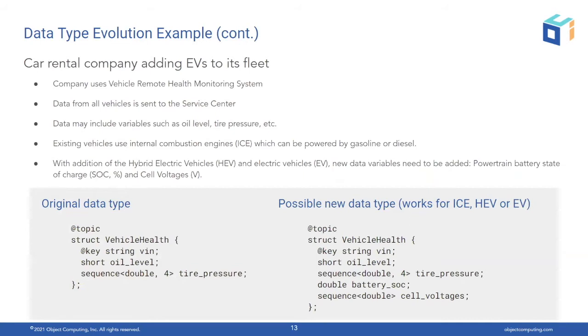The data may include variables such as oil level, tire pressure, etc. And with the addition of the hybrid and electric vehicles, some new data variables need to be added: state of charge of the battery and the cell voltages. Xtypes allow adding publishers with new variables to their data structure on the existing topic without upgrading publishers on the existing vehicles.